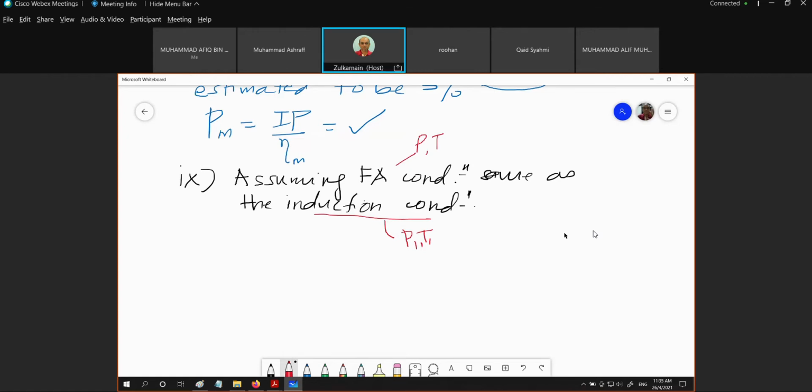You can be asked to get the IP. You can be asked to get the volumetric efficiency. But in this particular case, I want to ask you only one parameter, which is the volumetric efficiency. If this is the case that we have, what do you think the volumetric efficiency will be?